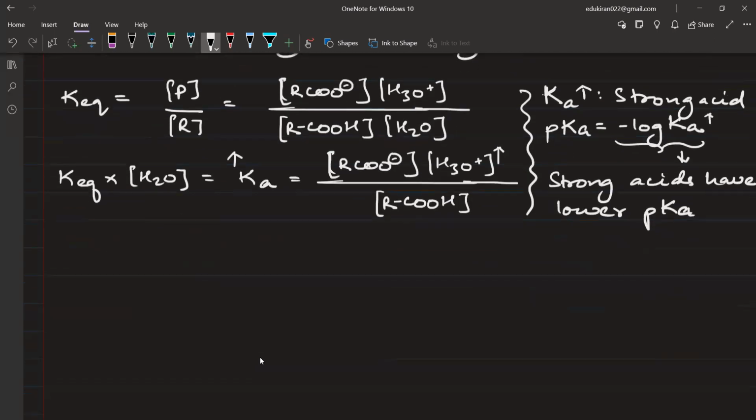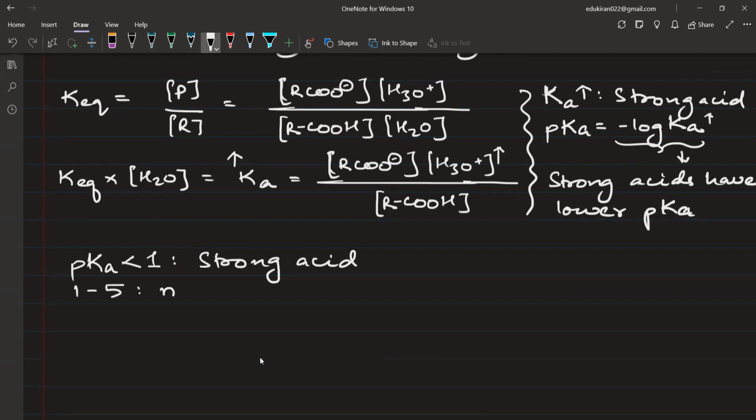If you want to look at the range, if you have pKa less than 1, it is going to be a strong acid. Between 1 to 5, it is going to be a moderately strong acid, and this is the range of carboxylic acid. If you have 5 to 15, this is going to be a weak acid.